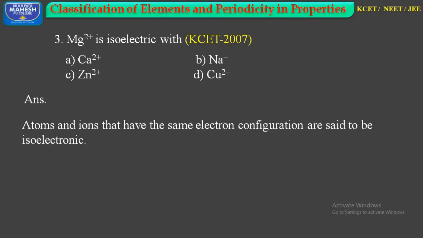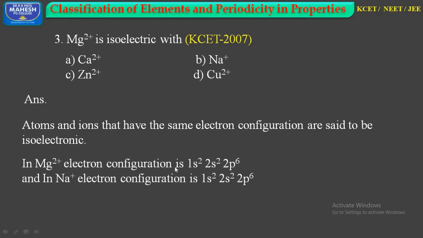In case of magnesium cation, students, magnesium atomic number is 12, but 2 of the electrons are removed, so it gets the charge Mg plus 2 with the electronic configuration 1s2 2s2 2p6.